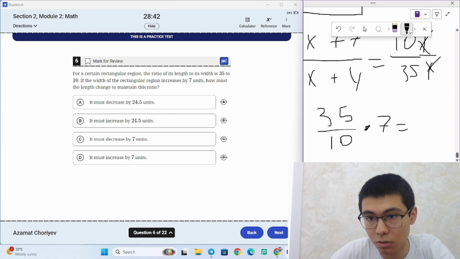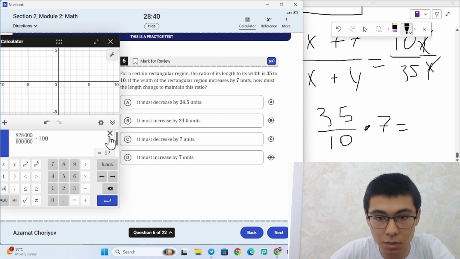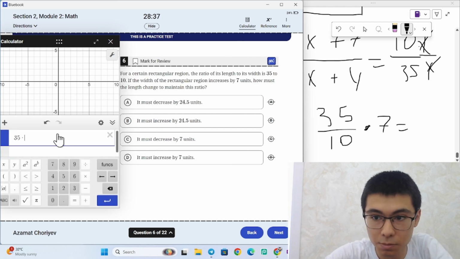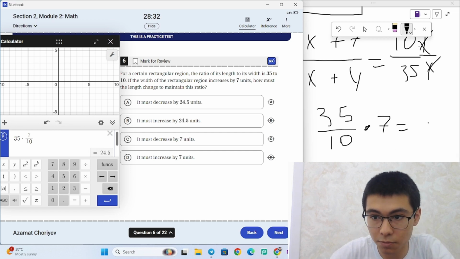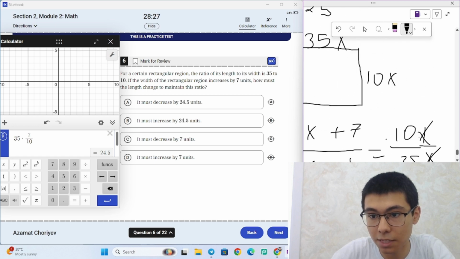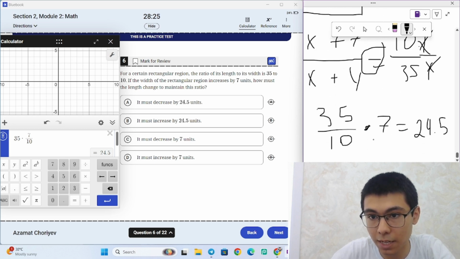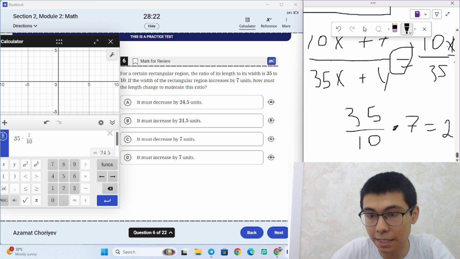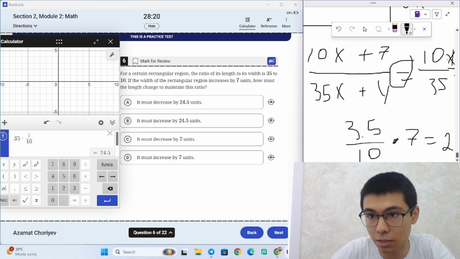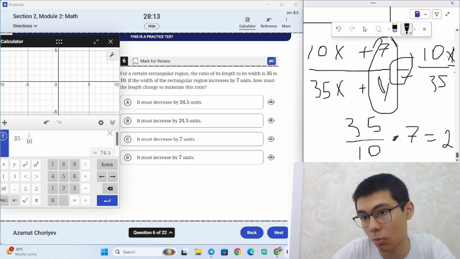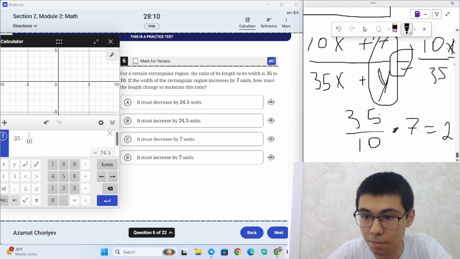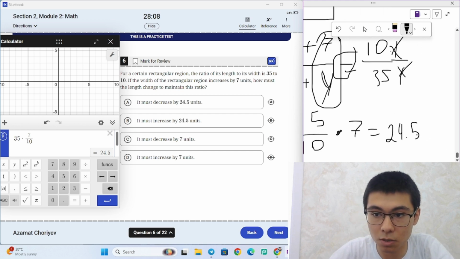Let me use the calculator for this. 35 multiplied by 7 divided by 10. As you can see, 24.5. Why are we doing it? To have these two equal. Because we have these two, we don't really care about these. What we care about is the increased size. That's why I am finding y here. So that's why the answer is 24.5.